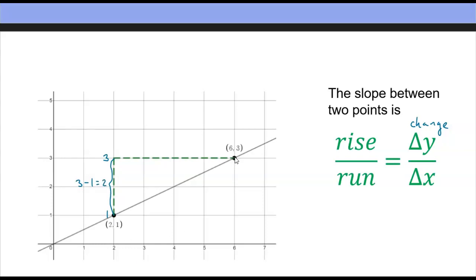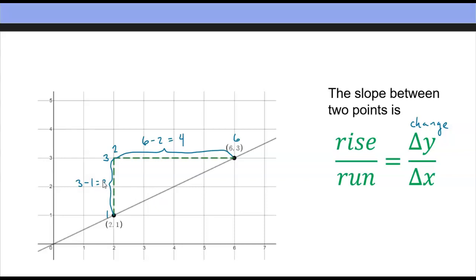Similarly, over here, the x value is 6, and the x value at this point is 2. So the difference between them will be 6 minus 2, which is 4.